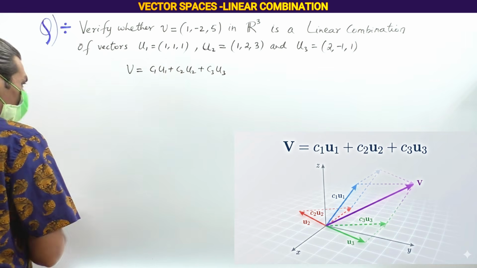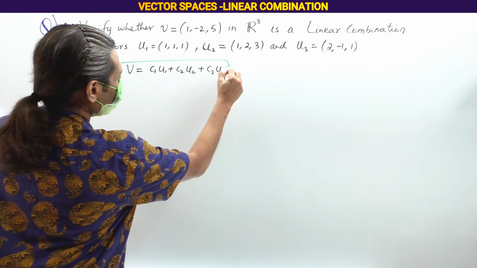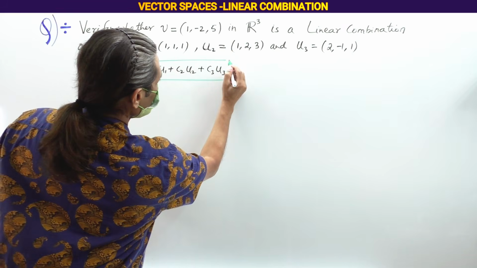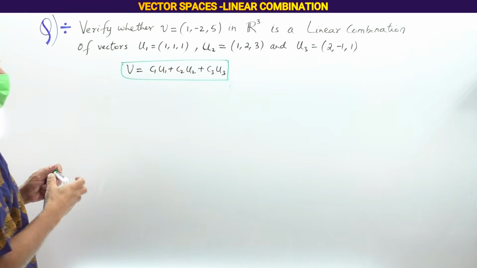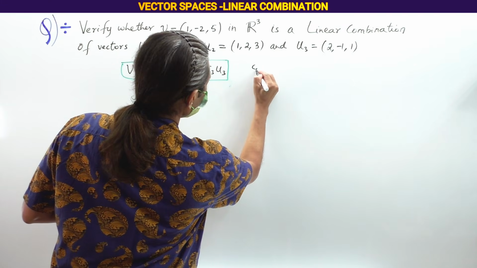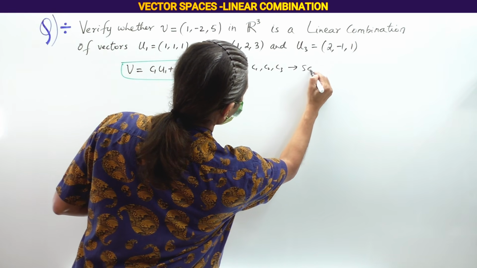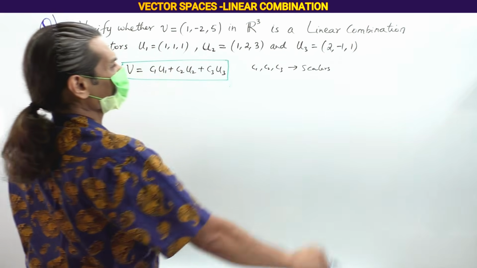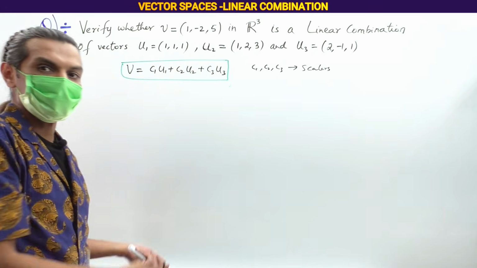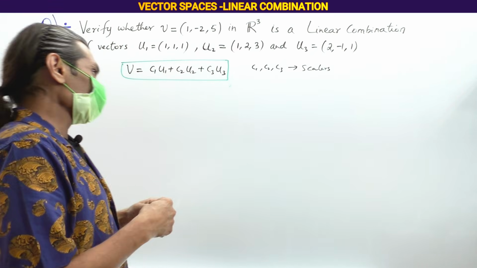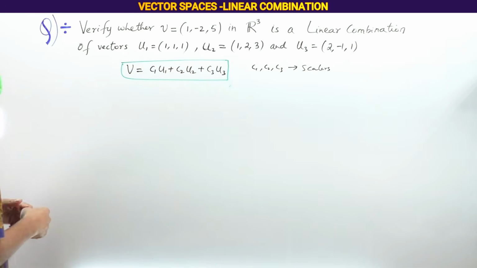Here C1, C2, C3 are scalars, or numbers, which we need to find and verify. If it verifies, then it's a linear combination. That's it.